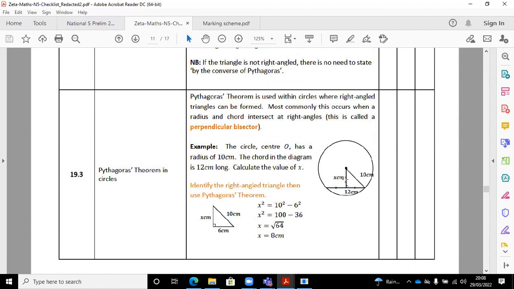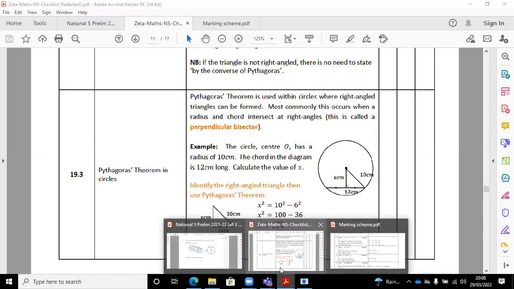Chords, create a right angle triangle, find a missing side. Don't get that wrong.